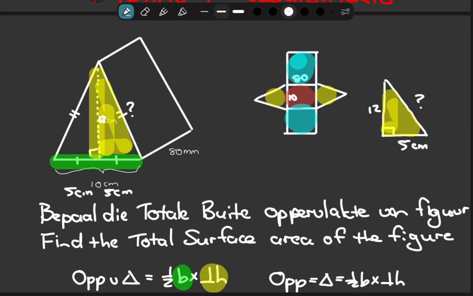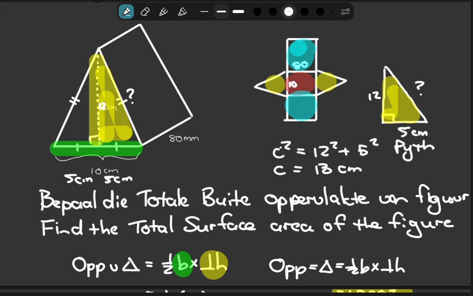Pythagoras sê ons soek die skuinssy. Kom ons noem dit maar net c kwadraat is gelyk aan die som van die ander twee. So Pythagoras says if we want the hypotenuse, we just need to square both sides and add them up. If you find c, you'll see it's 13 centimeters. Just go and work it out.